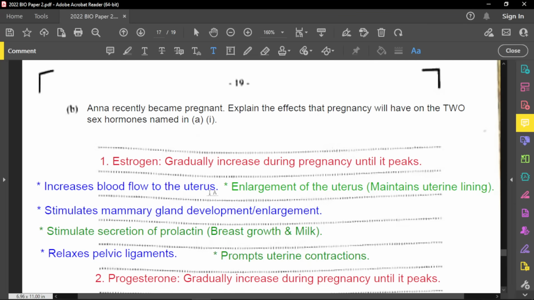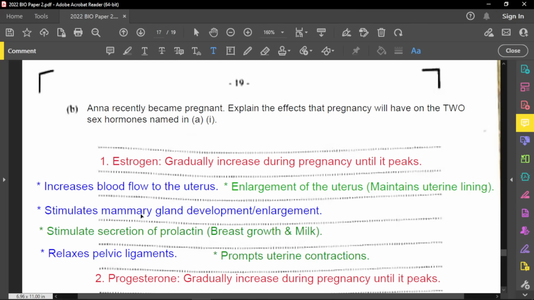All right, so blood is required for all of that development, for the cell division to take place to turn the embryo into a fetus. And also, you have an enlargement of the uterus. And once the uterus is enlarged, it's really to accommodate the developing fetus. It also helps to maintain the uterine lining by supplying the nutrients and other things needed for that development.